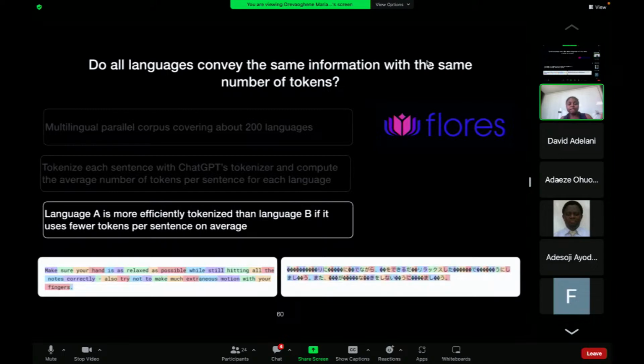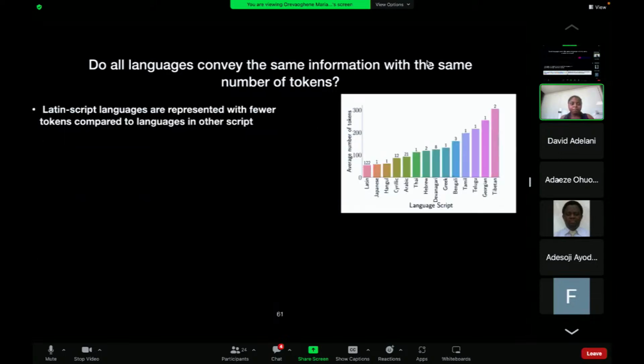So you can see the English example on the left and the Japanese example on the right. Obviously English has a more efficient tokenization than Japanese. So these are the assumptions that we make.